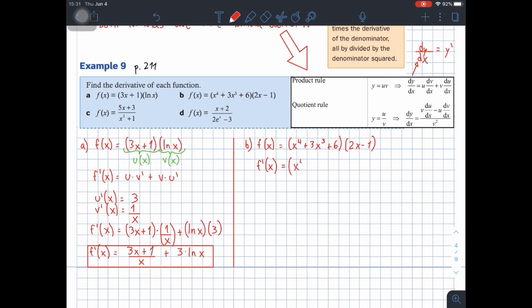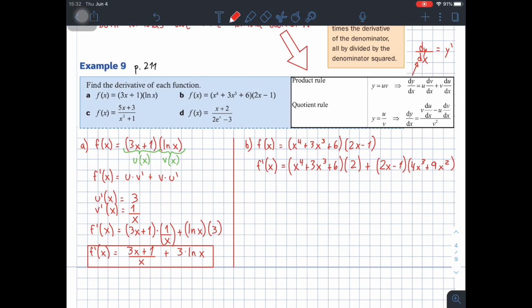So I'm going to copy this as it is, x to the 4th plus 3x cubed plus 6 times v prime, that's the derivative of v. The derivative of v in this case is 2, right? Plus v, the original function, 2x minus 1, times the derivative of u, which is, in this case, 4x cubed plus 9x squared. That's the derivative of this function.